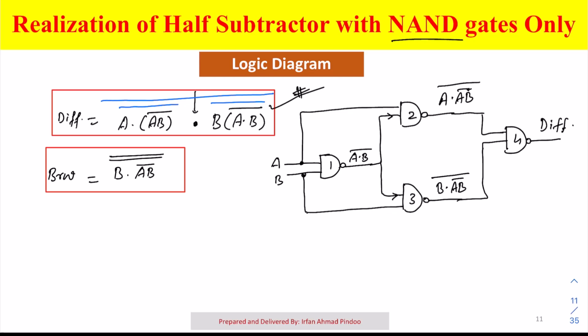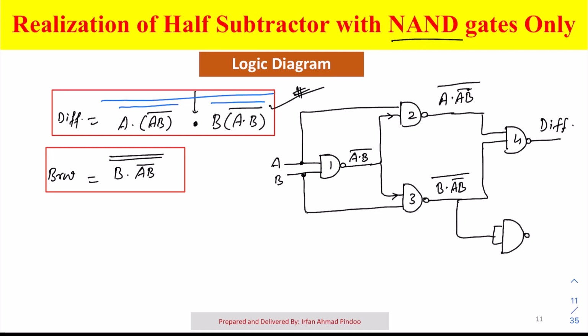Now we have to concentrate on the borrow. If we look over here, B dot AB bar with bar, this is equivalent to this part of our equation, meaning the single bar is done. So what if we pass it through a NOT gate? It means we will use here one NOT gate, and NOT gate means single input, so we have to short the inputs.